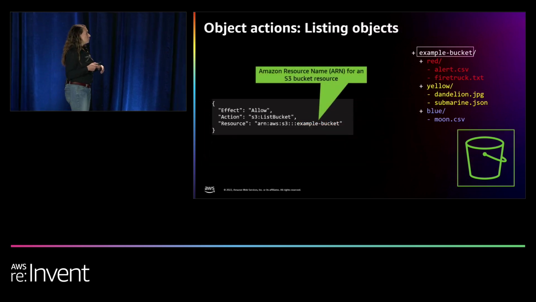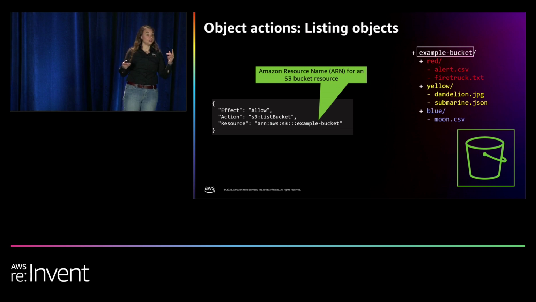That's great. Well, what if this caller also needs to list out the contents of the bucket? Well, for that, there's an IAM action called list bucket. Now, just a note here, the API method that you call is probably called list objects v2, but the IAM action to go with it, they're usually in a one-to-one correspondence, but not always. And here's one of the places they're not. It is called list bucket.